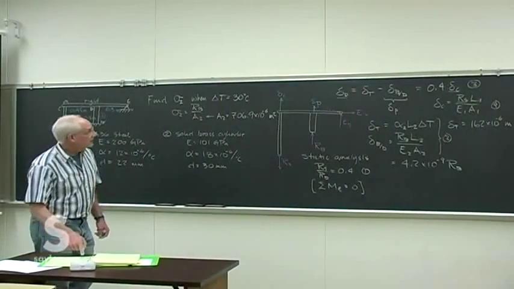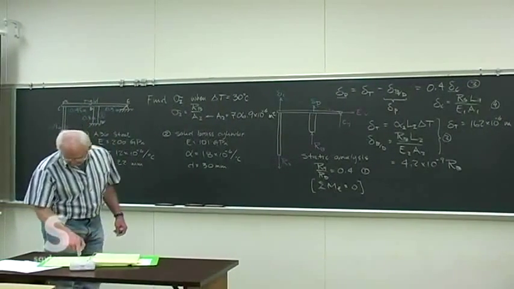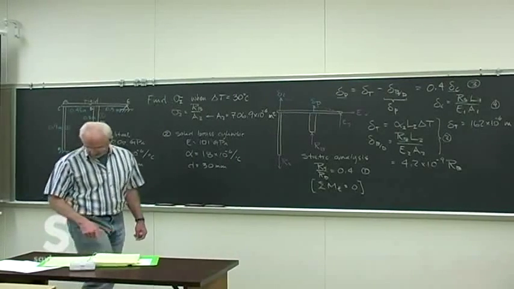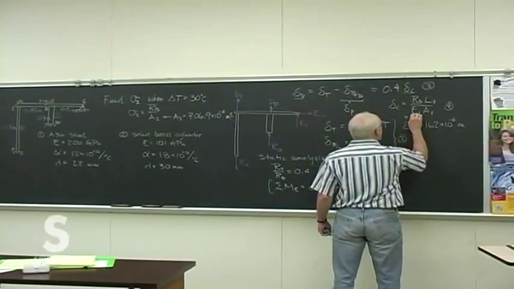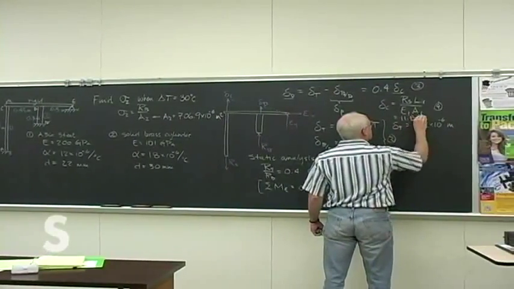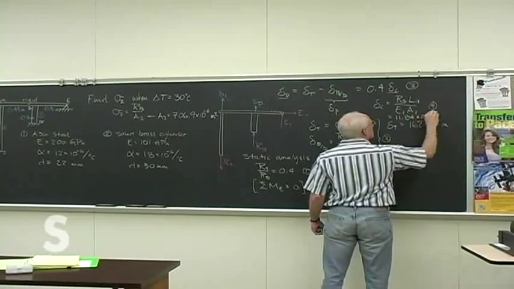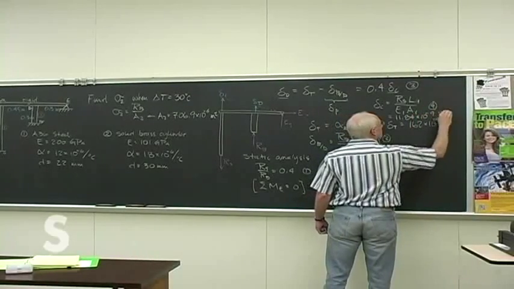What else can I give you? I can give you del C. 1184 times 10 to the minus 9th. That's RS.